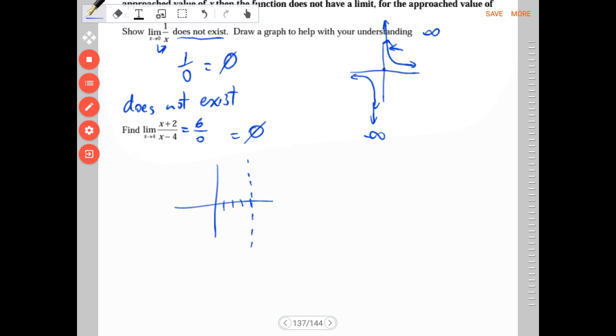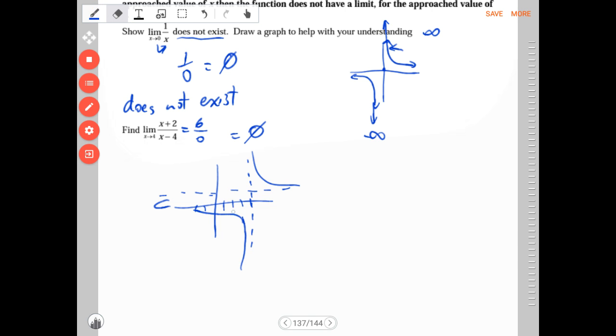Anyways, the function actually looks, let's see, something like this, and that actually curves and hits the 0 right there. Wow, that is a terrible asymptote.